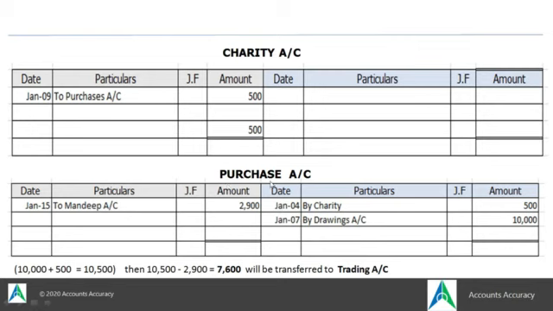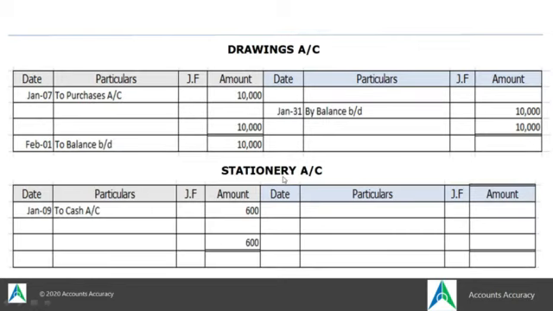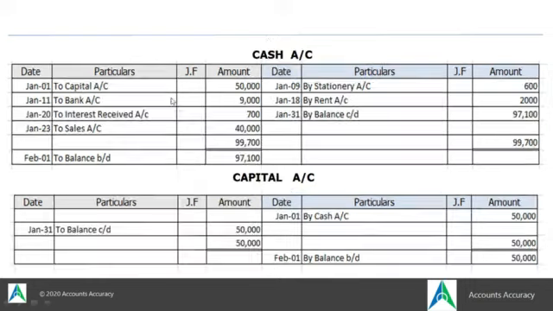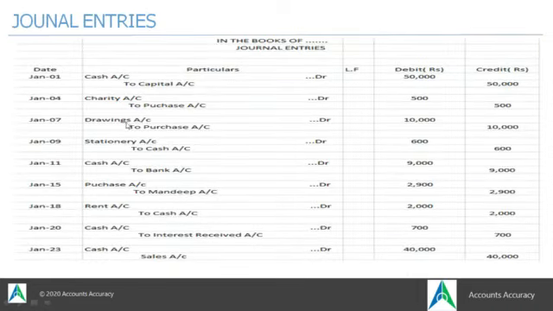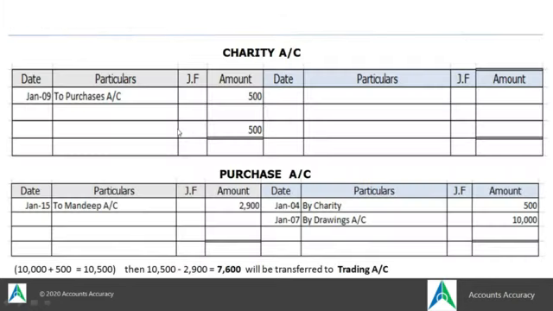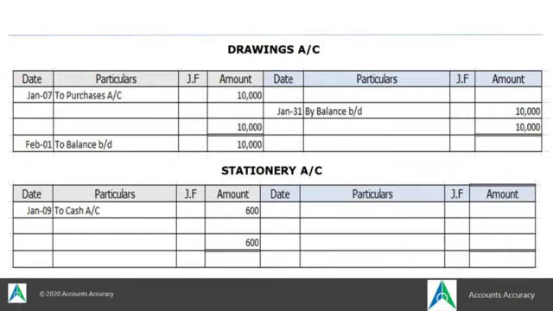Now come to the next, that is the drawings account. Here the drawings account totaling will also be done, and all the posting will be done from the journal, that is to purchases account in the drawings account, and you will write it as January 4 to purchases account.